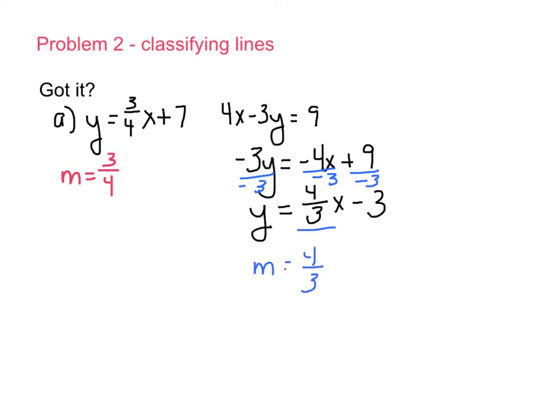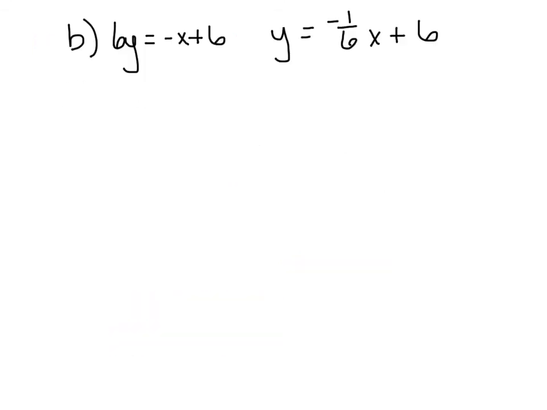Here my slope is 4/3. So you ask yourself, are the slopes the same? They are not. Do they multiply to give you -1? Are they opposite reciprocals? They are not. Therefore, these are neither parallel or perpendicular. In problem B, we have 6y equals -x plus 6 and y equals -1/6 x plus 6.